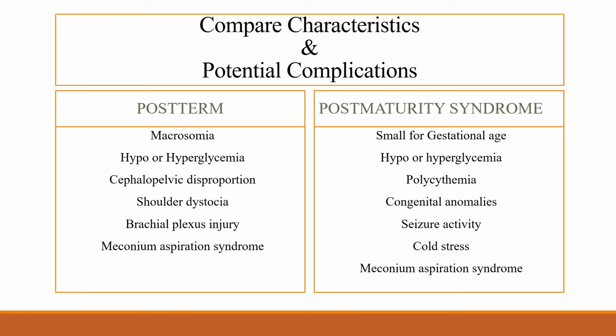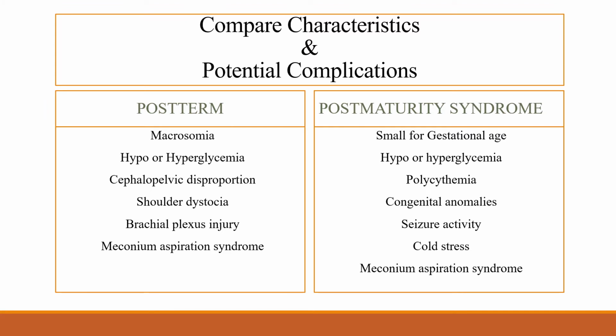They may experience hypoglycemia as well as hyperglycemia. They may become polycythemic. Some of these babies will be born with congenital anomalies related to that advanced gestational age. They may be prone to seizure activity.